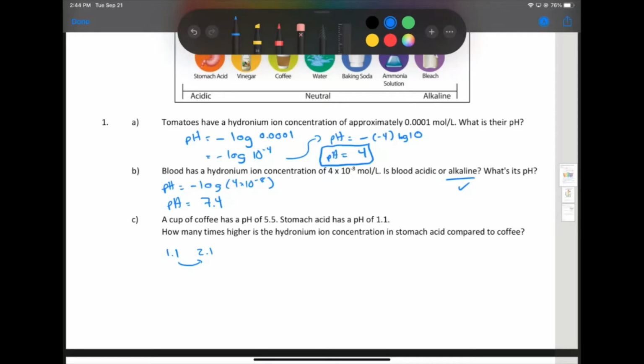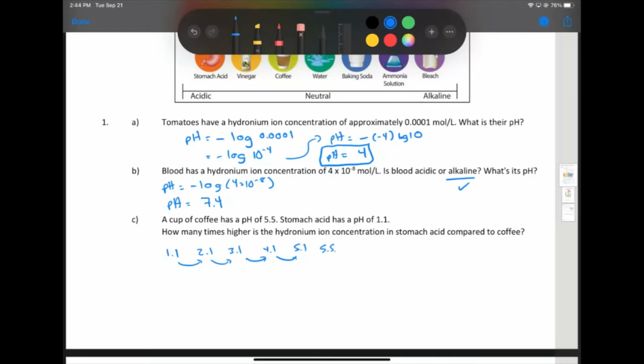If we go to 3.1, because every time we go 1 on the scale, it's going to be 10 times bigger. That's how logs base 10 work. And then to 4.1, and then to 5.1, and then we could go to 6.1, but we only have to go to 5.5.